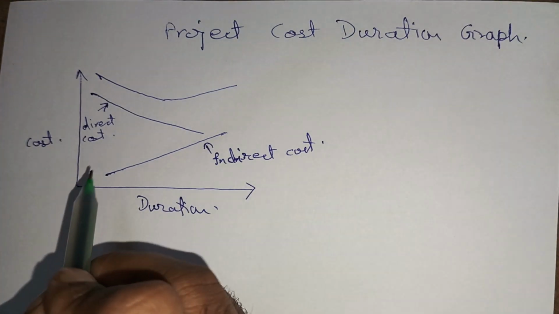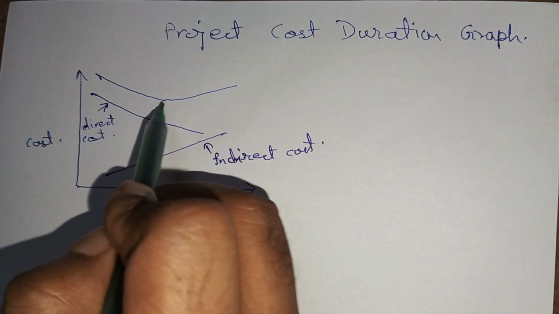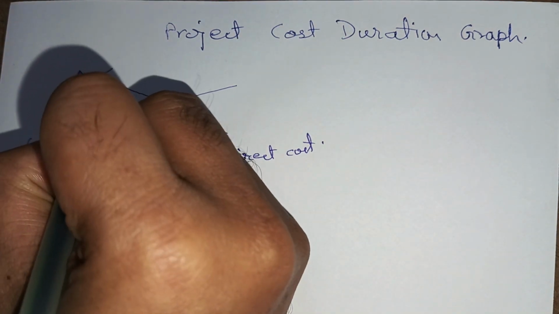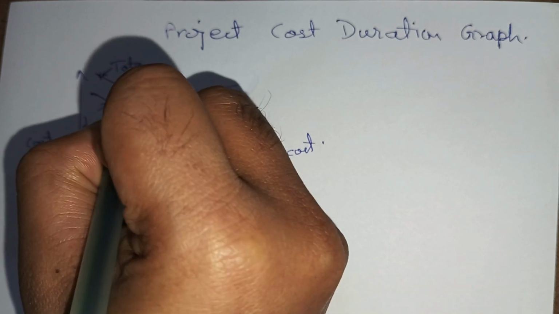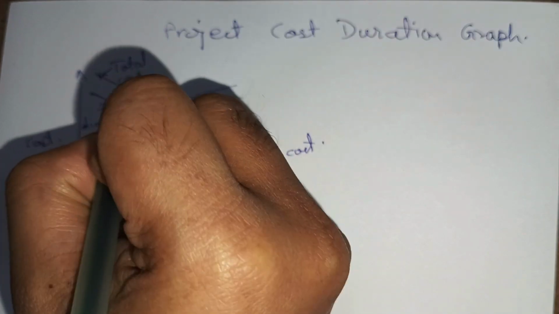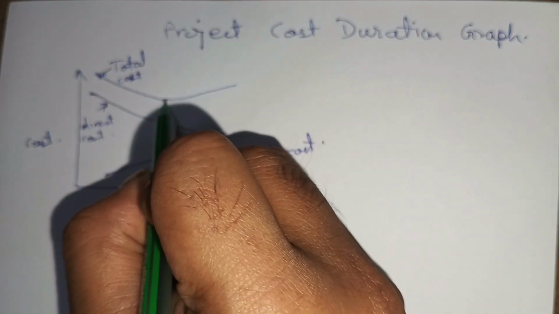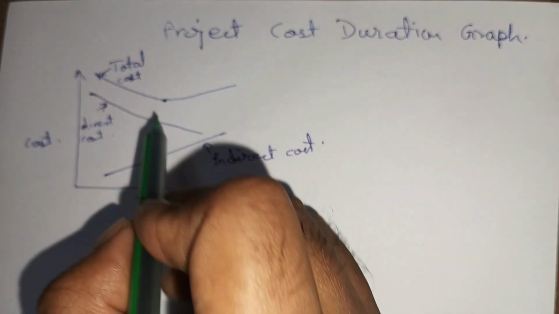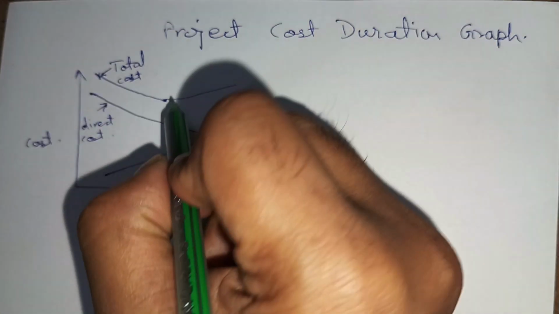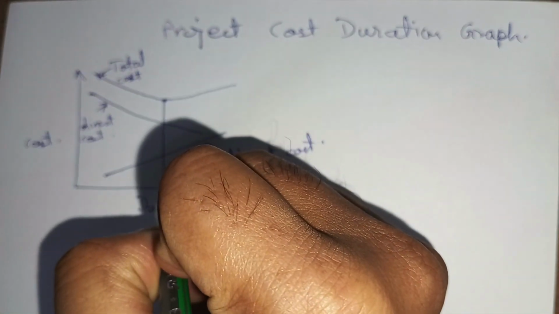Okay, it comes like this: first it will decrease and then it will increase. So this is your total cost of the project. Okay, and at a point where you find the lowest total cost, you will find this point.